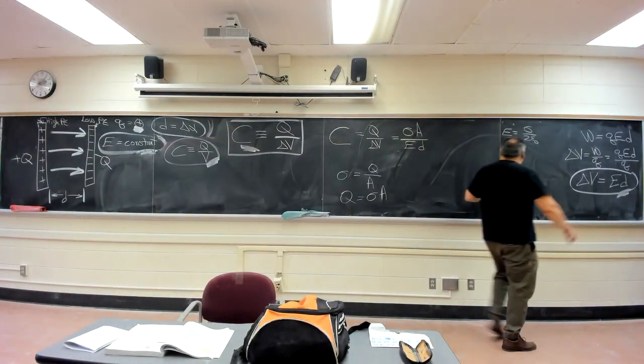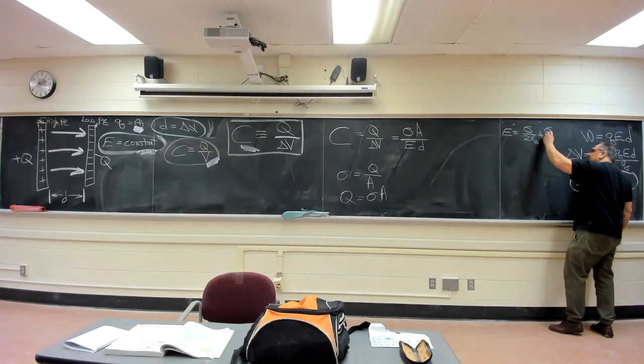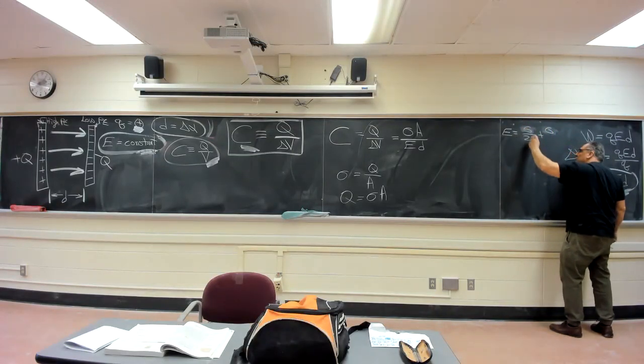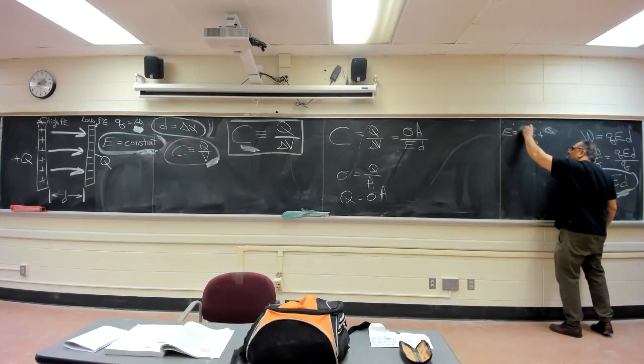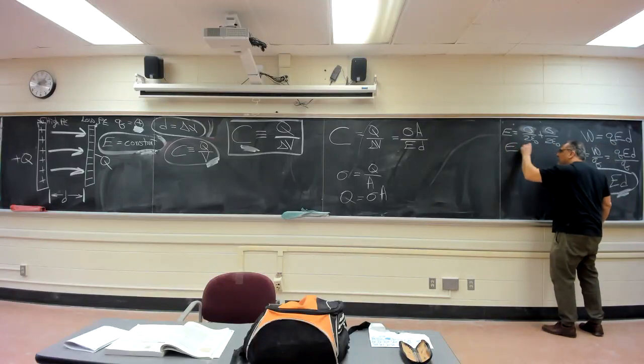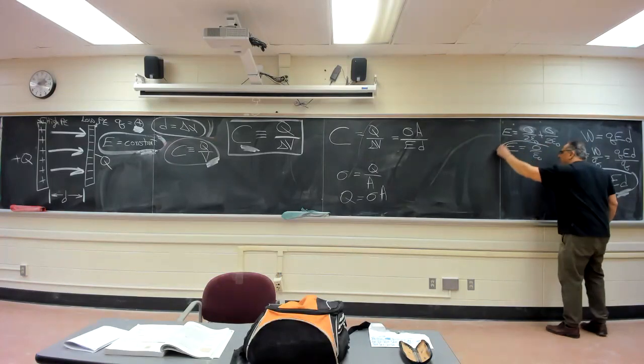In totality, the positively charged particles are associated with one plate, and the negatively charged particles with the other. You add these together, and it is sigma over epsilon naught.